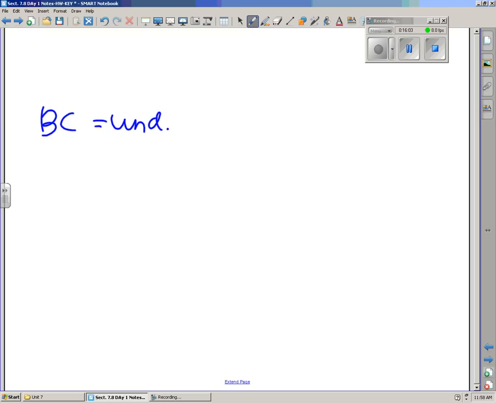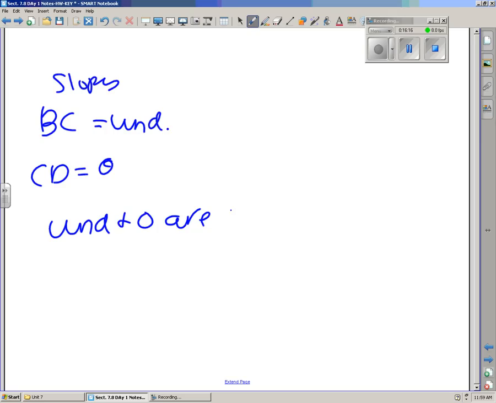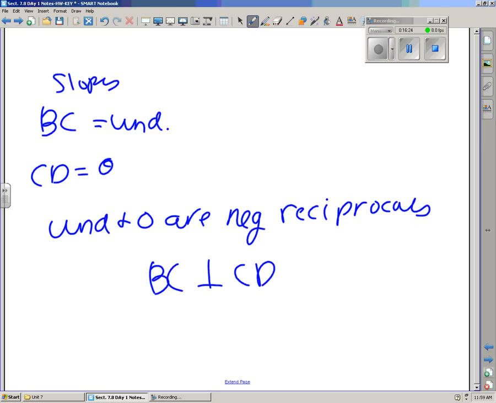And then we also know that CD, the slope is 0. So as it turns out, undefined and 0 are negative reciprocals. So then BC is perpendicular to CD.